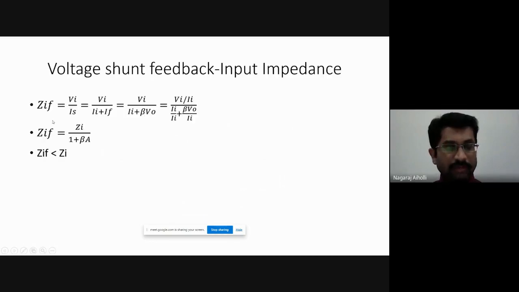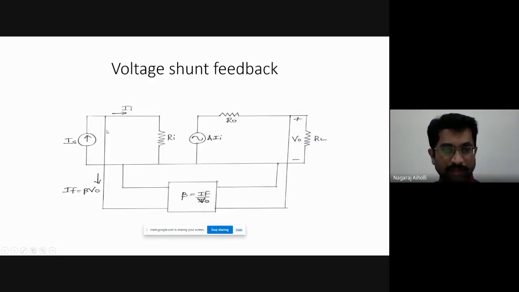Now we have to derive the equation for the input impedance of the voltage shunt feedback amplifier, that is, the input impedance with feedback. ZIF is given by Vi, the input voltage across Ri, divided by the source current Is. This is the input impedance with feedback.